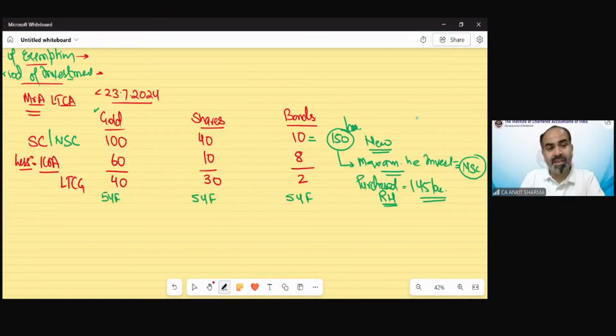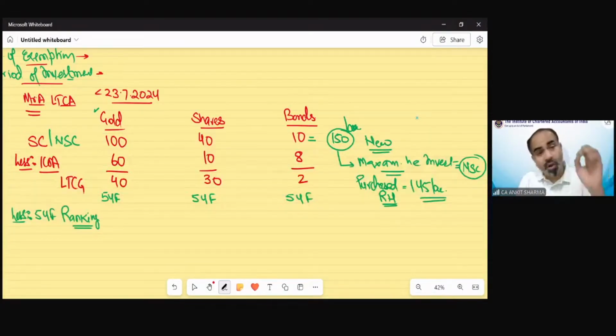The problem is, due to that specific provision of section 54F, the special formula, the proportionate exemption, we have to find out the ranking of these three assets. We have to see this in all the questions in which more than one asset is eligible for section 54F.